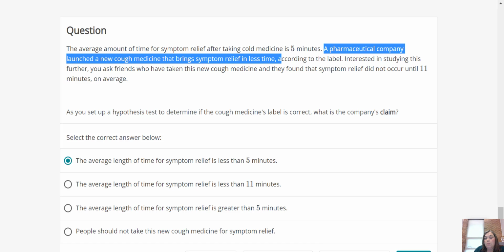So for these, there's usually a contradiction most of the time in what the norm has been. So the norm average for symptom relief has been 5 minutes, but the pharmaceutical company who has this new cough medicine thinks it's less. So there's going to be a claim in that regard.